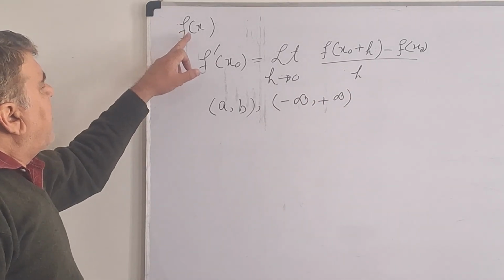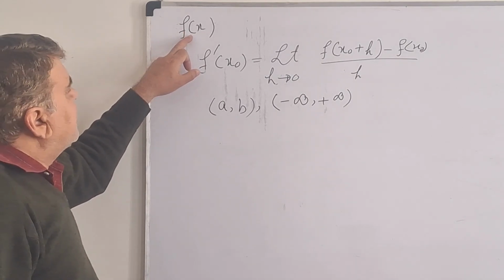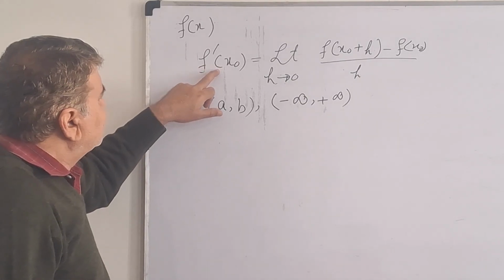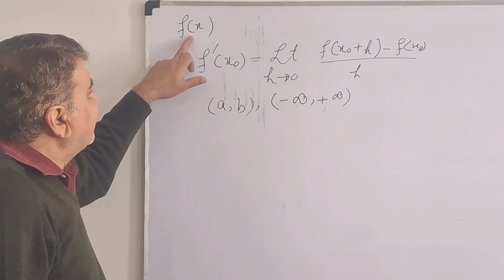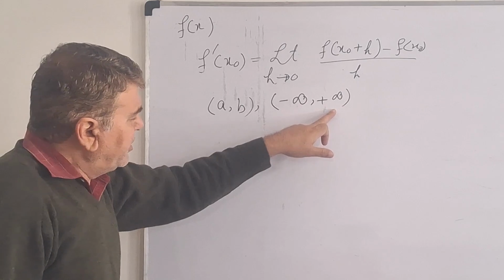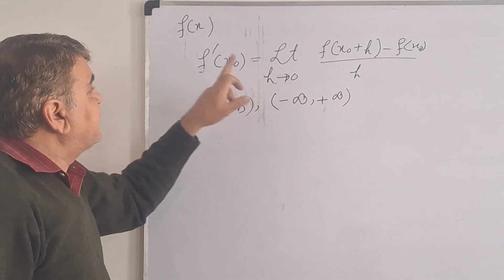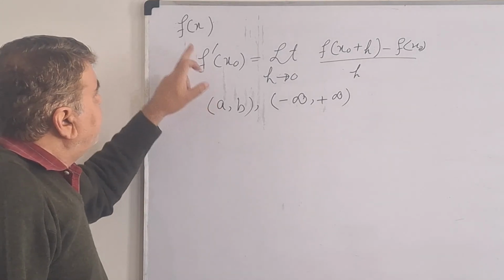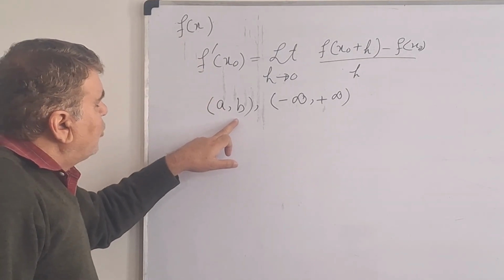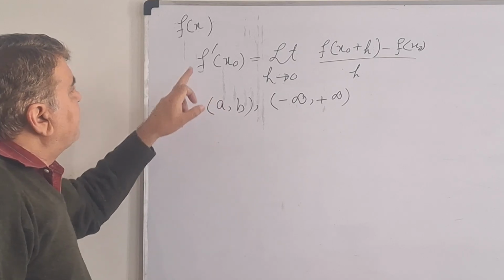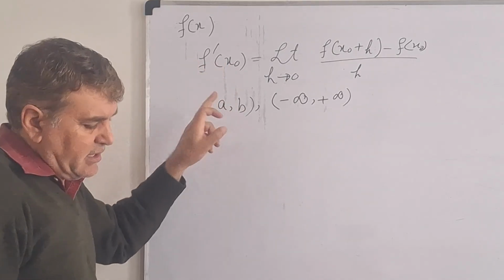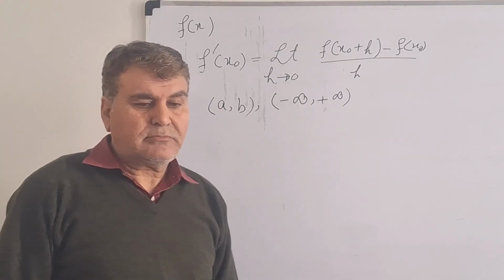And it is said to be differentiable over the open interval a, b if the derivative f prime of x naught exists for every point within this open interval.